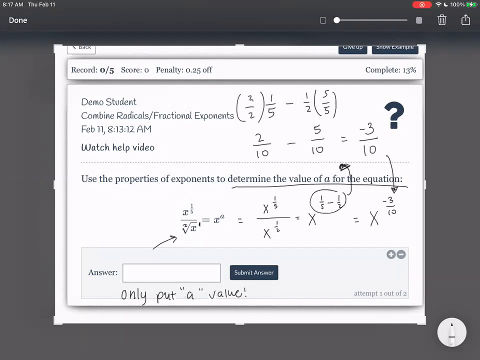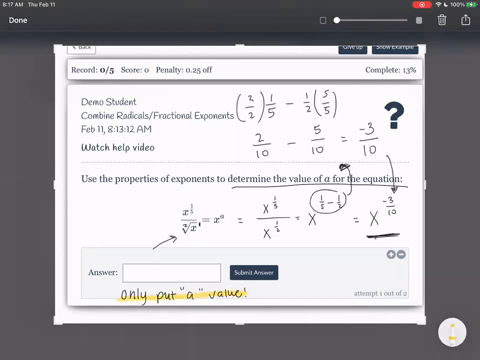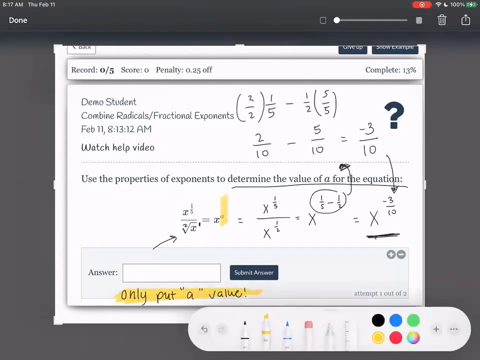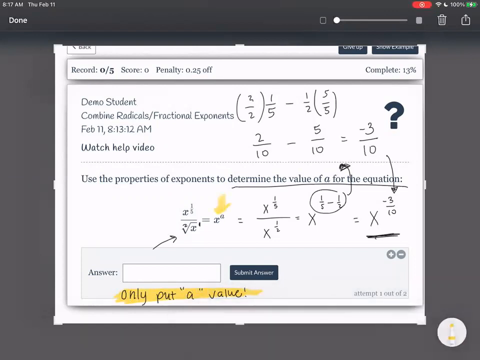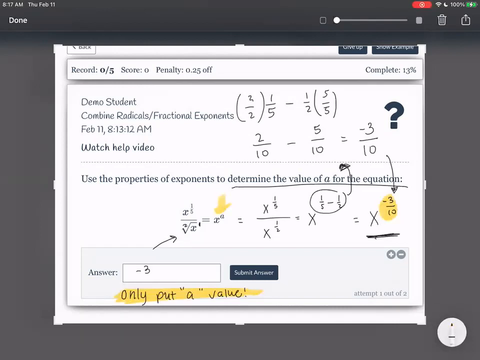Before I type my answer into the answer box, remember that we only want to put our a value in. So what is our a value? A is our exponent, so we only want to put the -3/10 in there. So in my answer box, I'm going to put -3 over 10.